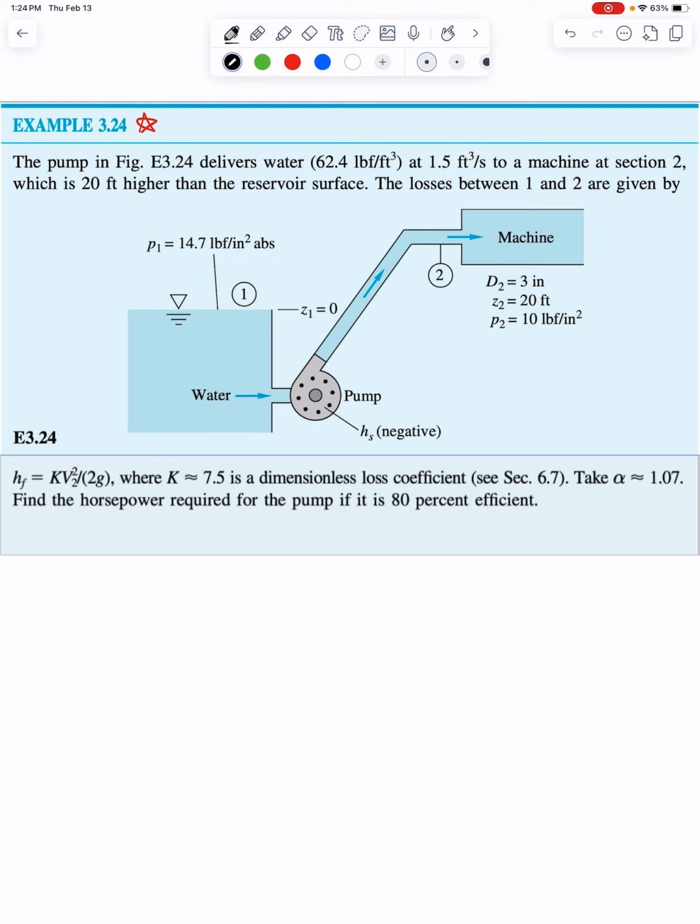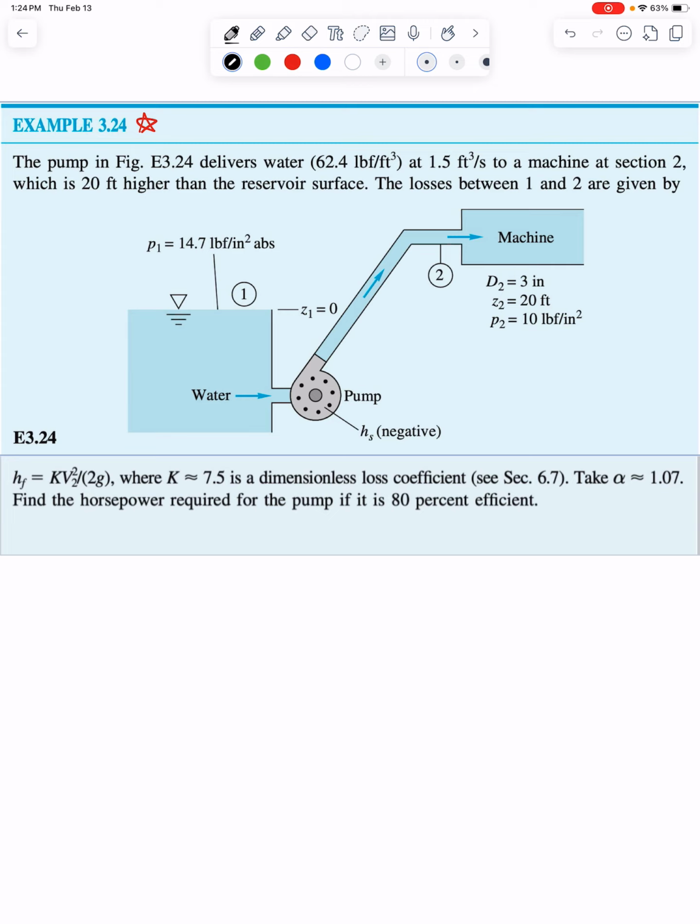And we're also given alpha, the term that goes in front of the velocity head term, alpha is 1.07. With all these terms, we want to figure out what horsepower is required for the pump to do its job, given that the pump is working at 80% efficiency.